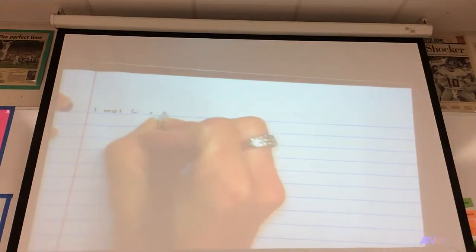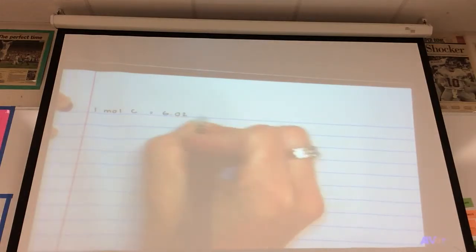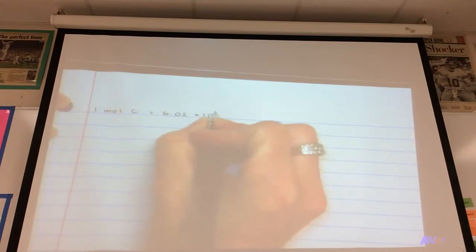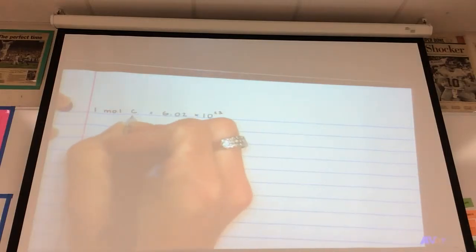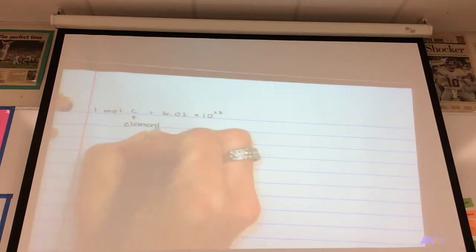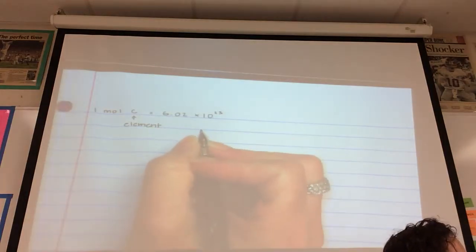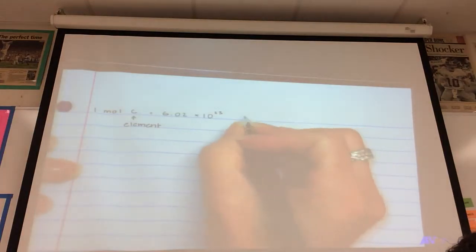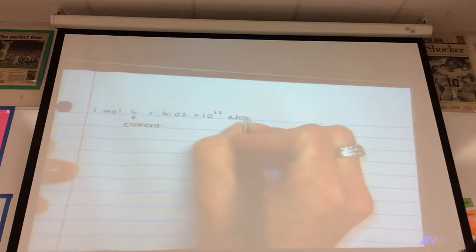Let's say, for example, that you had 1 mole of carbon. That's going to be equal to 6.02 times 10 to the 23rd. If you have an element, your simplest entity will be the atom.